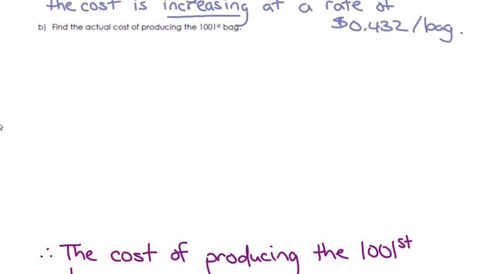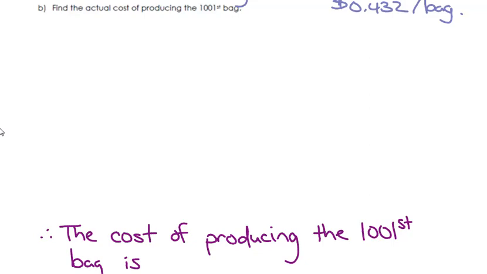Okay, now find the actual cost of producing the 1,001st bag. So the actual cost is the original function, C, and we're going to figure out when x is 1,001.